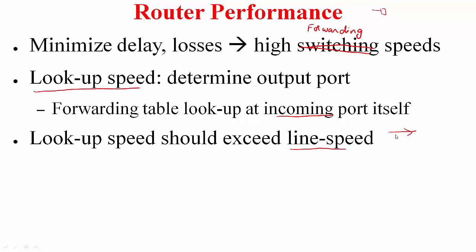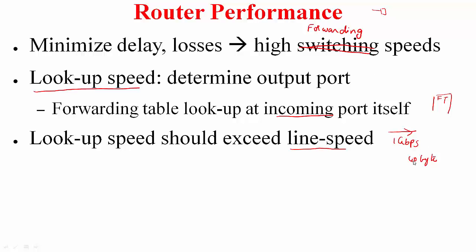So for example, you have a line speed of, let's say, 1 Gbps and you're getting packets on this. For each packet, you have to look at the forwarding table and decide which port it has to go to. Now suppose, let's take the worst case, where you have packets that are 40 bytes coming as part of this 1 Gbps link.